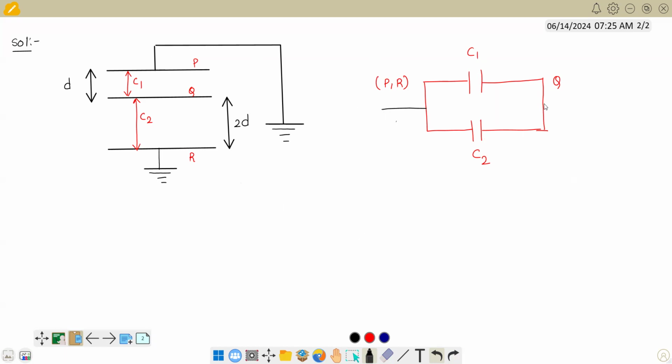Now the author is saying we are supplying a charge. Let us assume a charge Q is supplied into the location of Q. If you supply a charge Q here, this charge Q will travel and distribute in these two capacitors. And since they are in parallel, the charge would be distributed here.